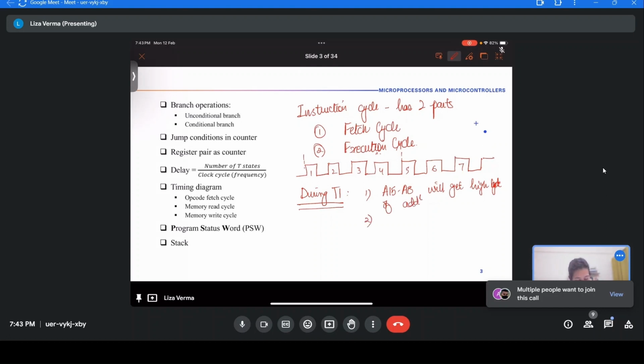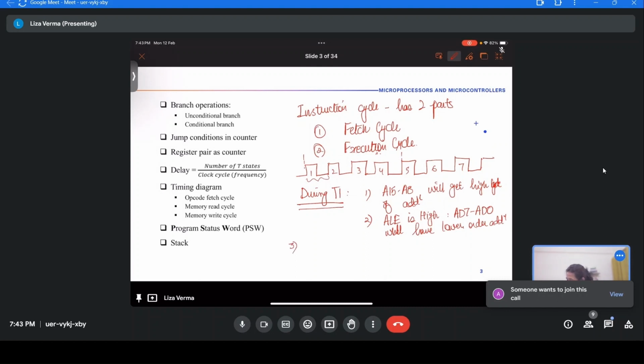What will happen other than that? During T1, your ALE is high, because at the start of any instruction you need to get the complete address, which means if ALE is high, then AD7 to AD0 will have the lower order address. What other signals do we have?